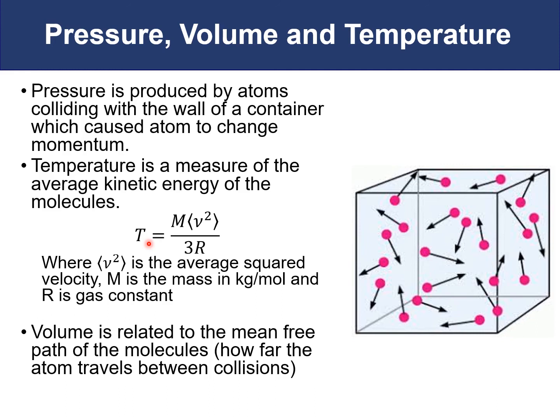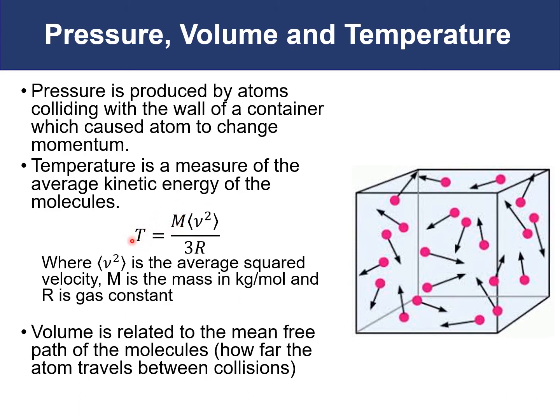So if we compare methane versus hydrogen, methane is CH4. That is much more massive than hydrogen, H2. So the hydrogen molecules would be moving at a much higher speed, a much higher velocity, because their mass is much less at a particular temperature.